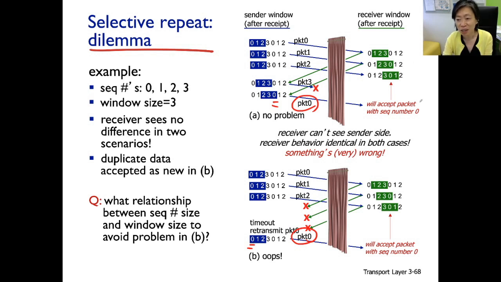Okay, so according to case A, we'll actually pass packet 0, these bits again to the application layer. Not good.